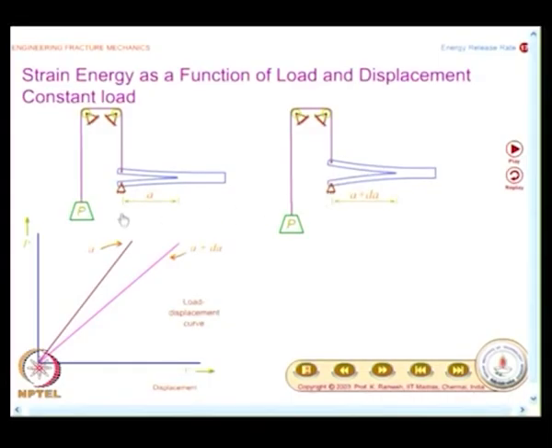Now, what I will do is I will keep on increasing the load gradually. So, what will happen is at a particular load, it so happens that the crack advances by the distance dA.